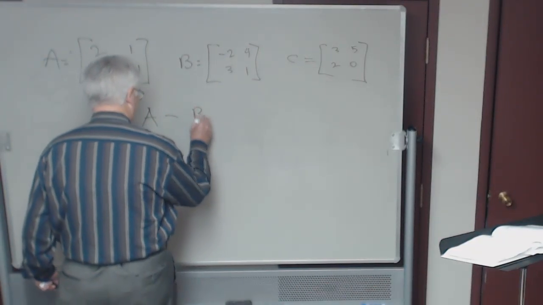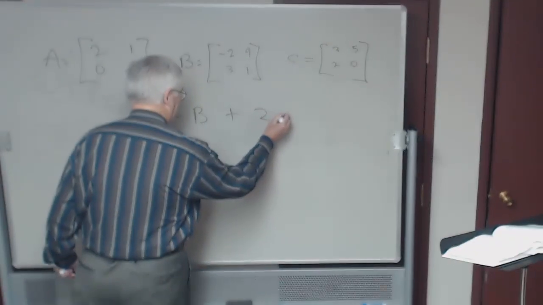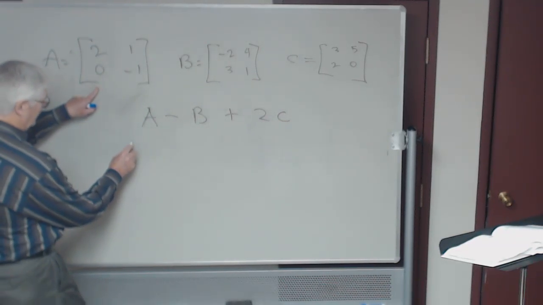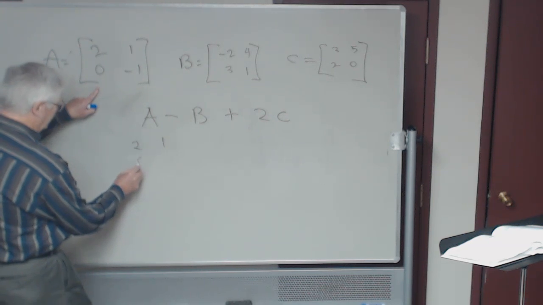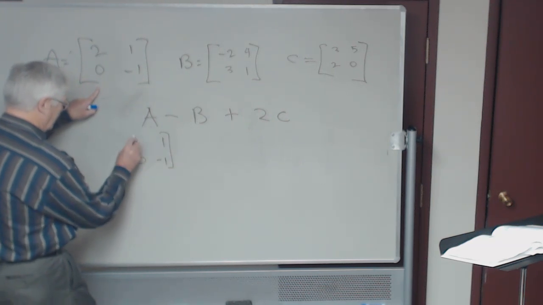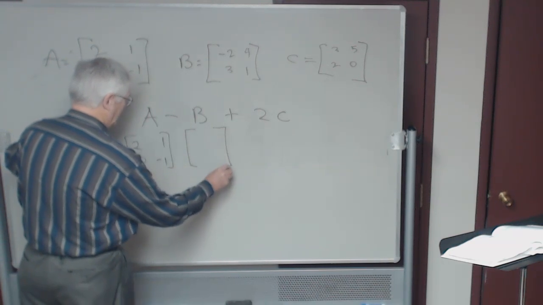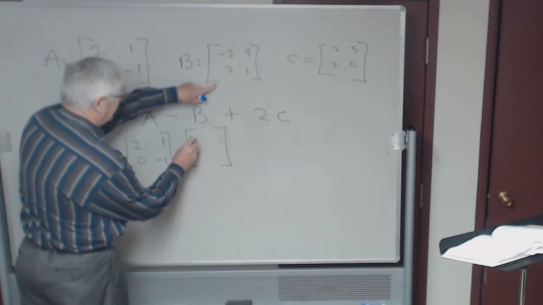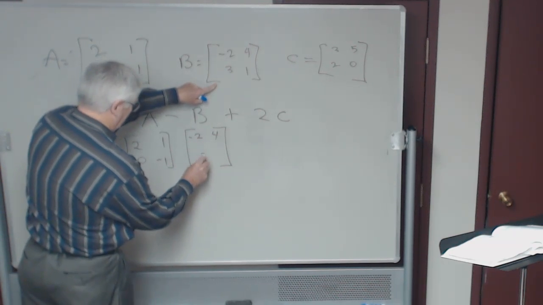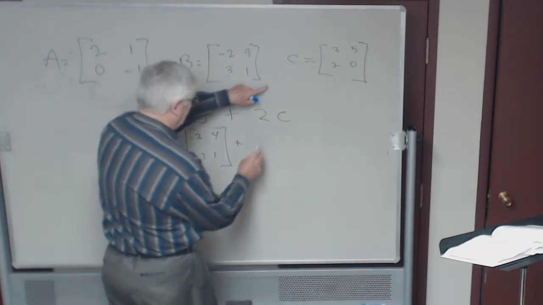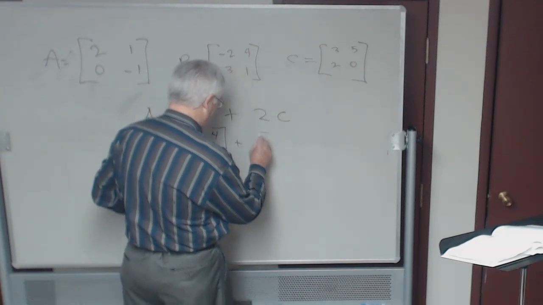A minus b plus 2c. What's A? 2, 1, 0, negative 1. Minus b, negative 2, 4, 3, and 1. Plus 2 times c, what would that be?